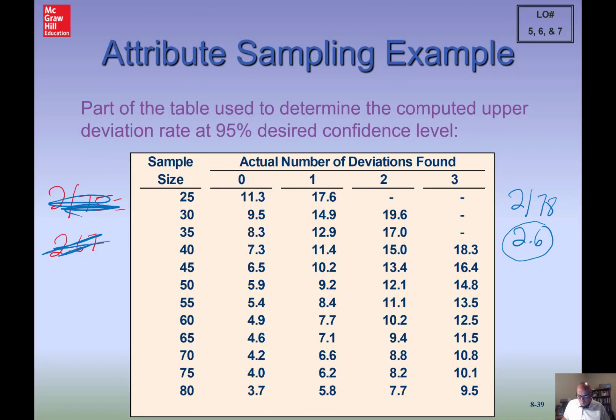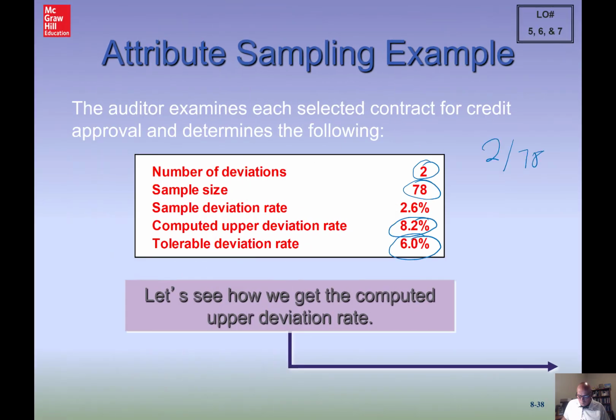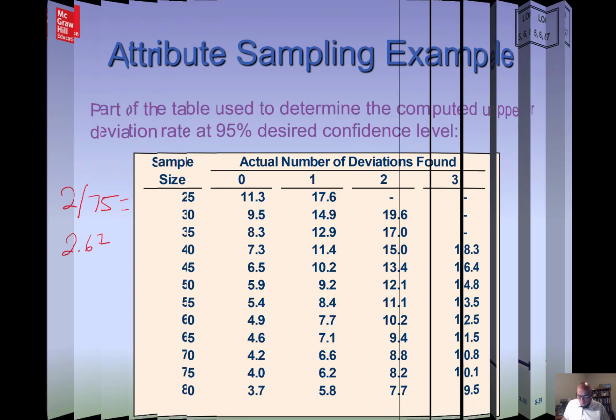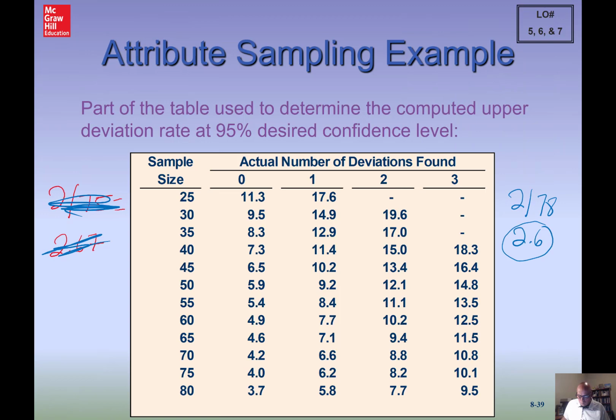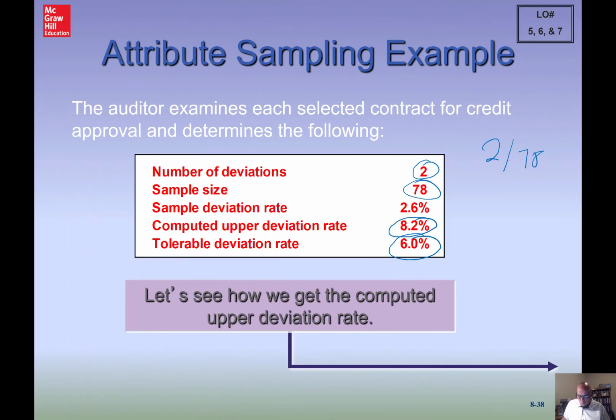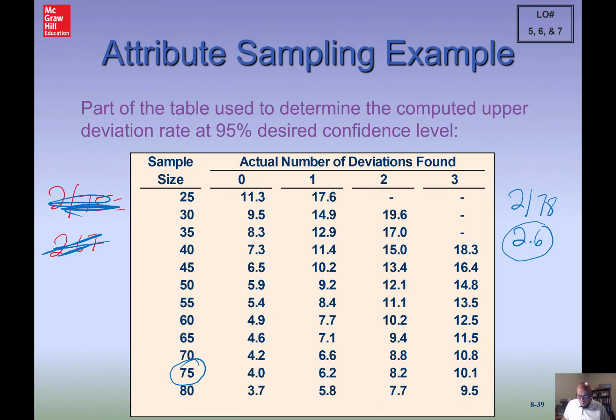And then I come over to my sample size, which is 78. Well, that's very nice of them to give me a sample size that's different than the number on this table. So I'm going to come over here to the closest number I've got, which is 75. This example leaves a little bit to be desired here. They tell me that that's 8.2.